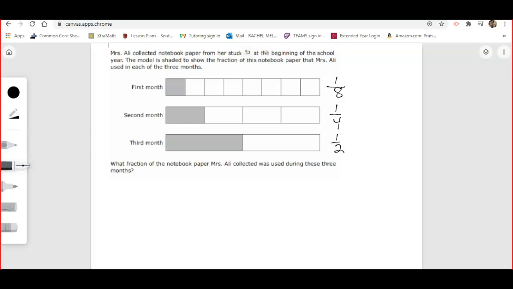Ali collected was used during these 3 months? Okay. So if I'm drawing a strip diagram, what do I know? Raising your hand. What do I know about that problem? Elijah, what do I know?